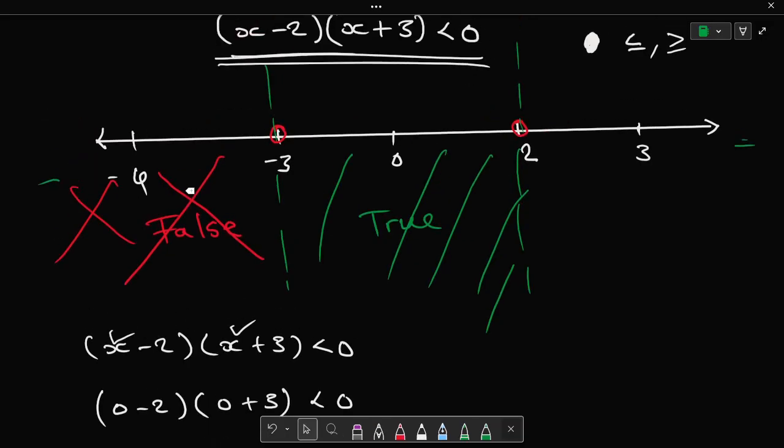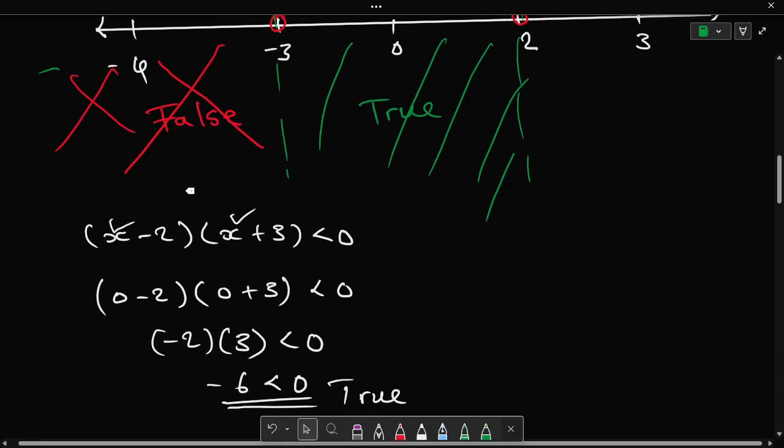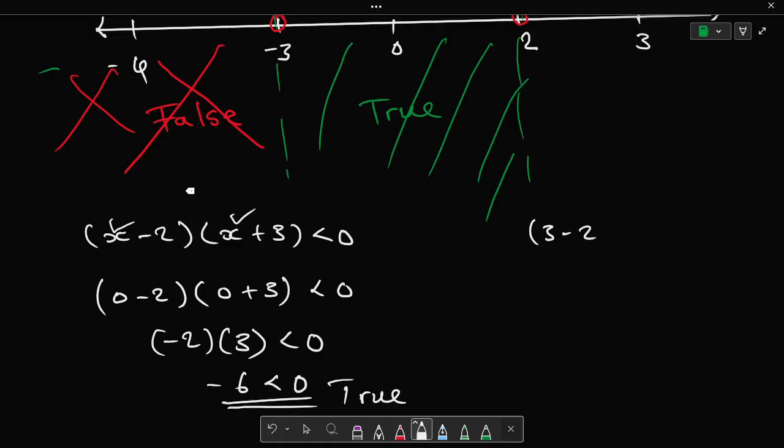What about the rightmost region here? For that one, we are going to test it as well, and we are going to replace 3 where there is x. So what we're going to get is 3 minus 2, then you have 3 plus 3, is less than 0. So here you get 1, and 3 plus 3 is 6. 6 is less than 0?